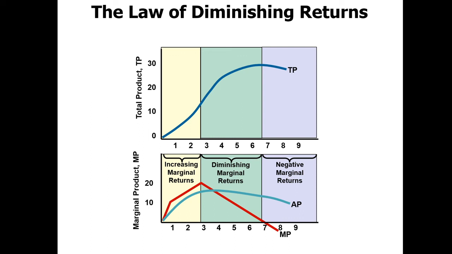Between 3 and 7 workers, I'm getting more total product, but at a slower rate, or a lower rate, I should say. If you notice, that's when marginal product peaks right here. So the increasing here corresponds with this, and the decreasing corresponds with this.